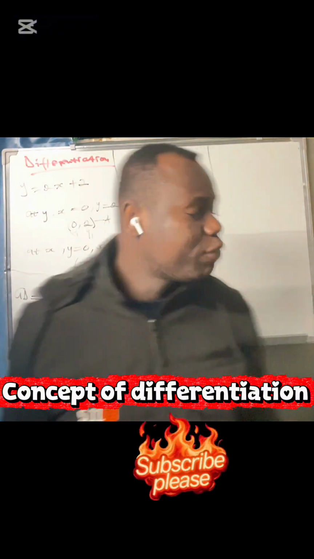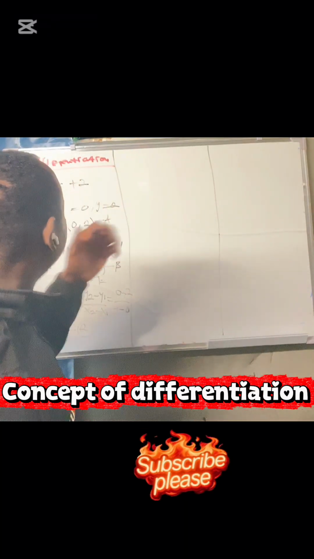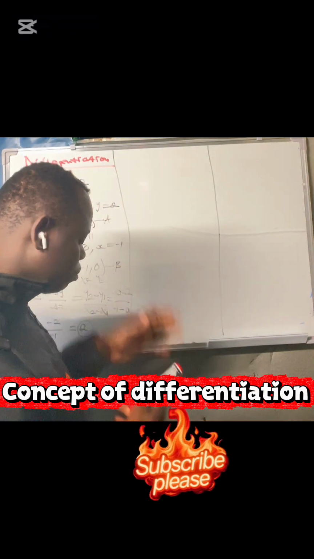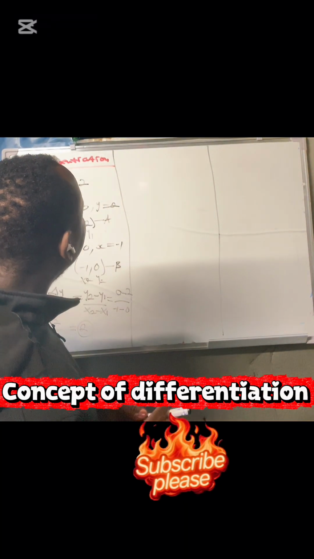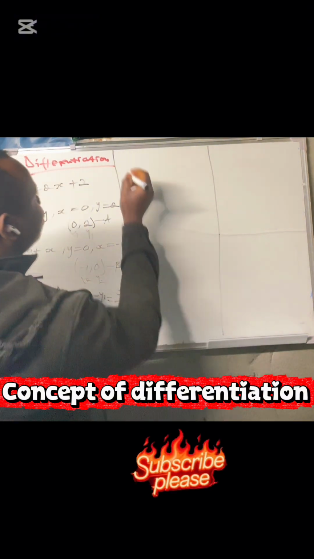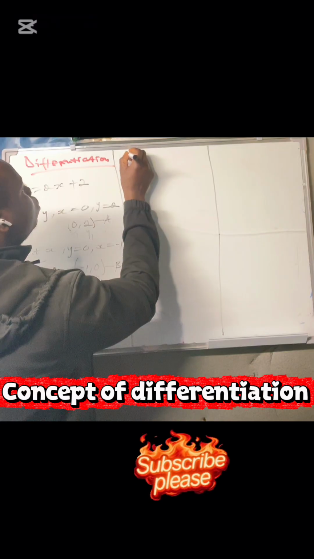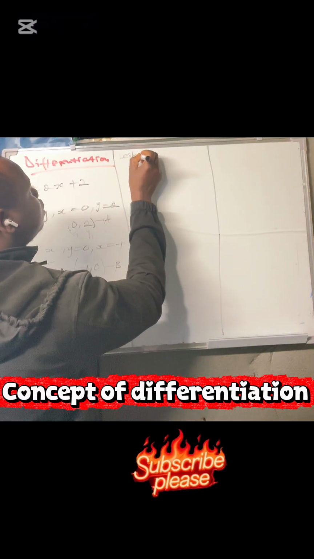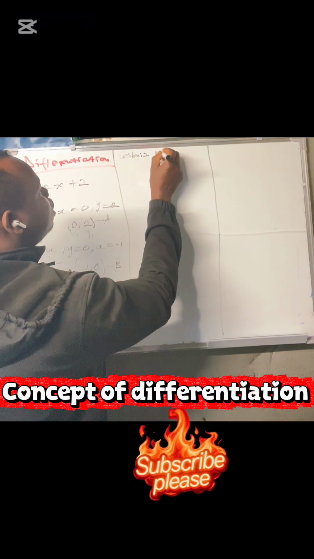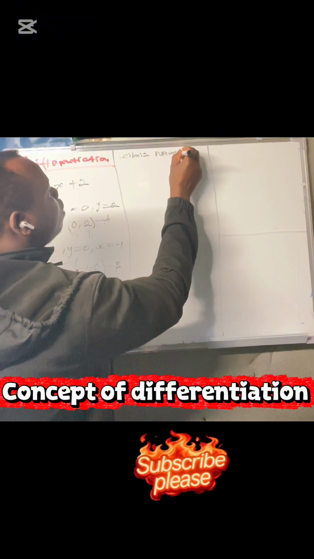So that is where differentiation comes into place. Let's look at something. In differentiation, we use two notations, okay. We have what we call the Leibniz notation, and the functional notation, okay?